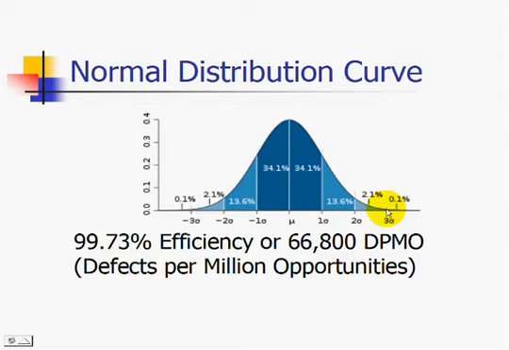So you're going to have 66,800 defects per million opportunities.